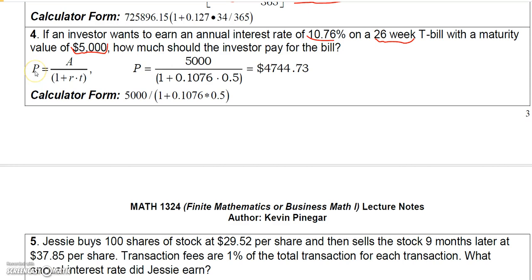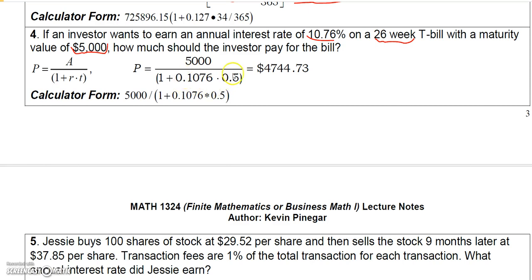You remember earlier I showed you a formula where principal is equal to the amount divided by the quantity 1 plus RT. So now I just plug 5,000 in for the amount and divide it by the sum 1 plus rate times time, where the rate in decimal is 0.1076 and time is 26 weeks, which is half a year, so I put 0.5 in for 26 weeks.